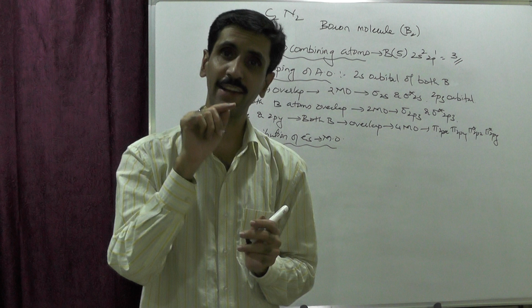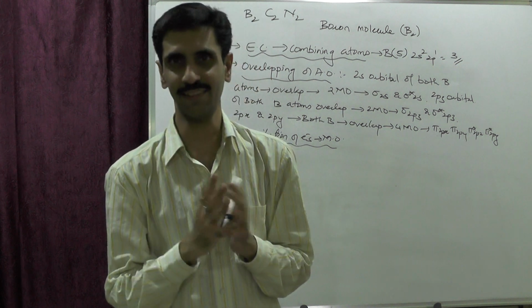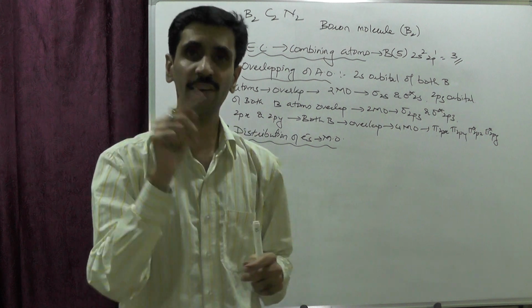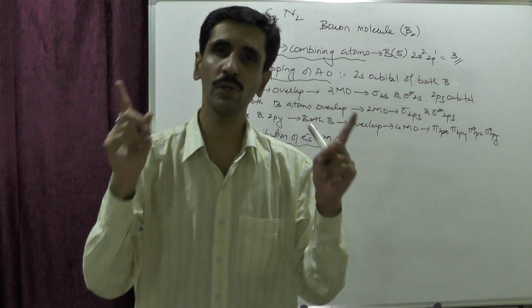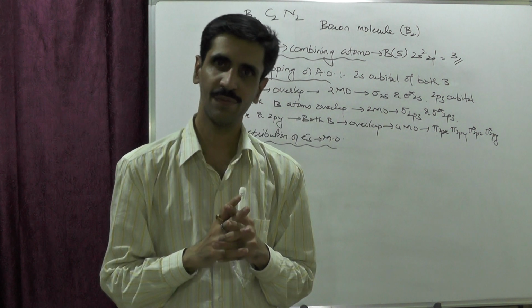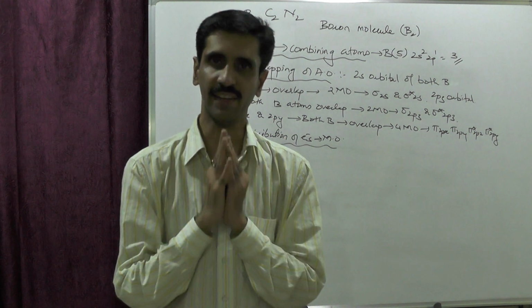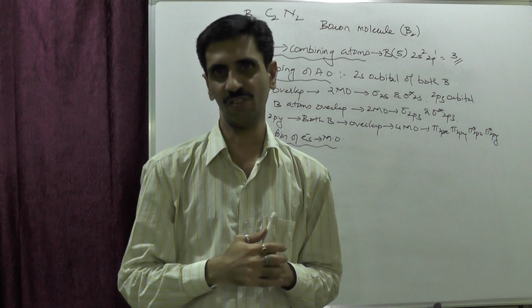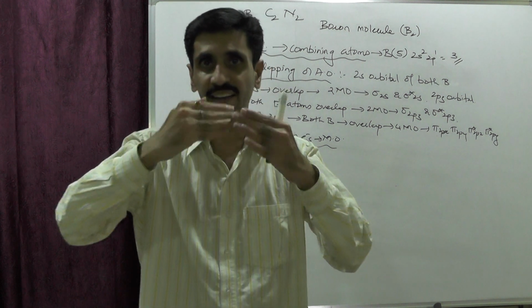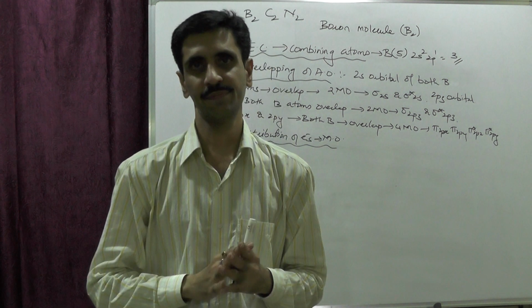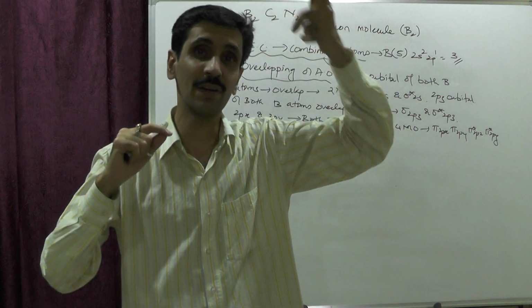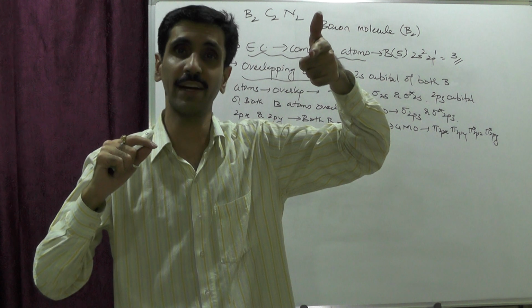In terms of valence bond theory, we use the word hybridization. So because of this, what is going to happen? Due to this mixing of orbitals of 2s and 2pz, the sigma 2s orbital energy is lowered. This I am talking about in comparison to what? Yes, the previous 3 molecules which I have explained to you.